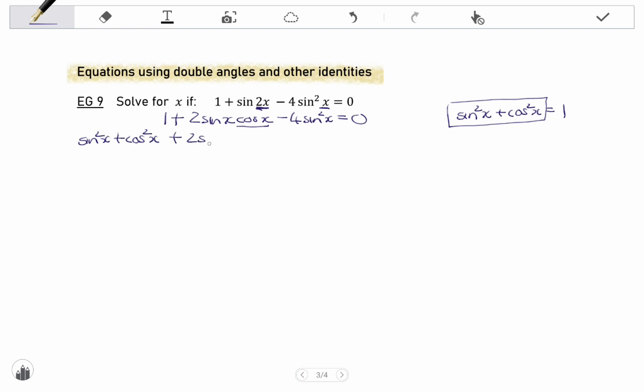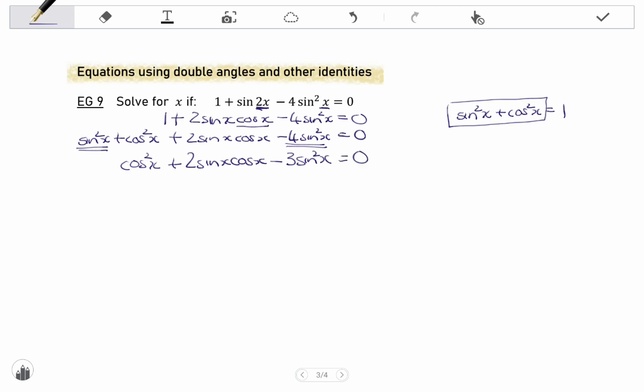Plus the 2 sin x cos x minus 4 sin²x equals 0. Looking at this, we have a like term, so I'm first going to simplify and add my like terms. So I have cos²x + 2 sin x cos x, and then I have 1 sin²x minus 4 sin²x, which leaves me with negative 3 sin²x.